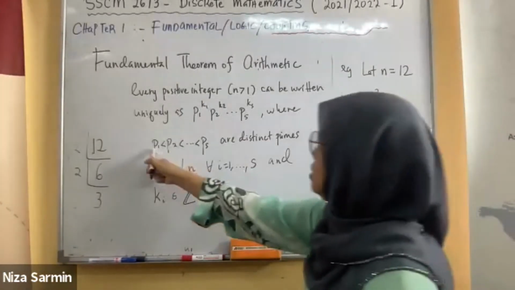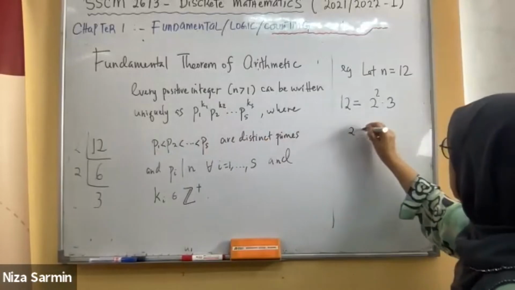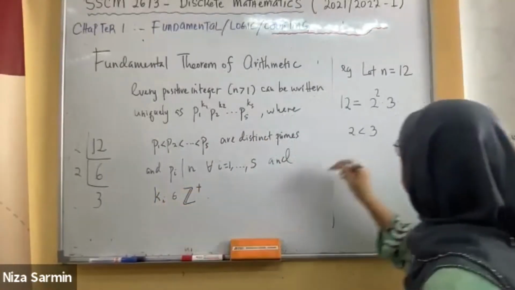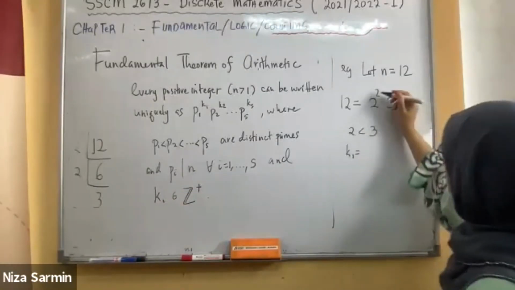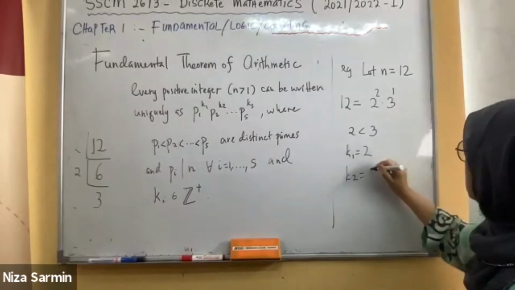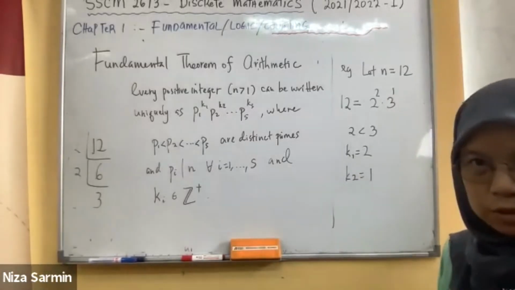And you see, 2 is less than 3, and the power is an integer. So K1 is the power of 2, K2 is the power of 3.